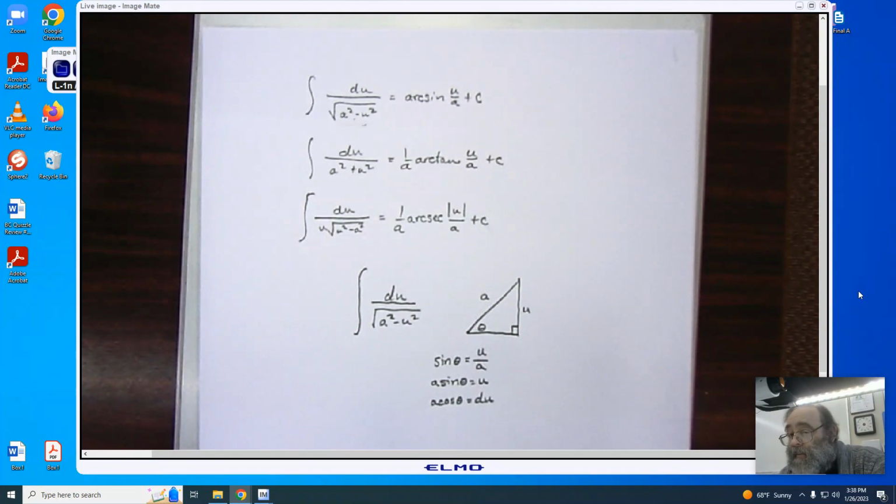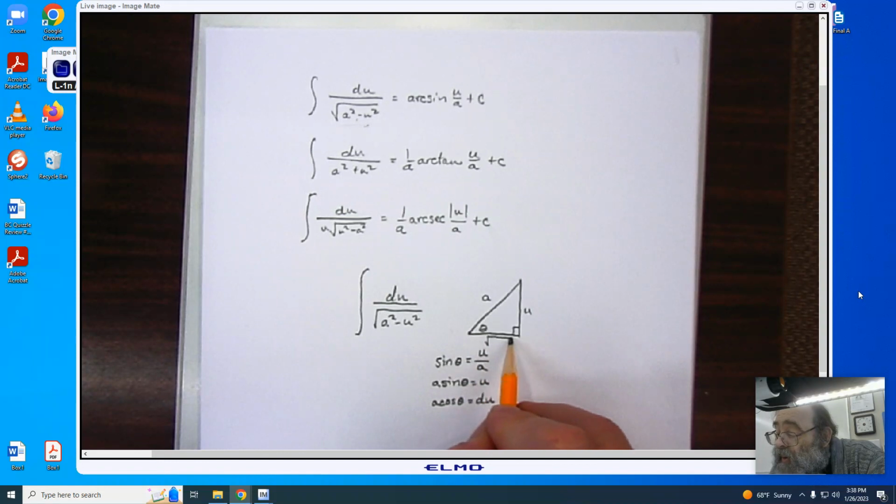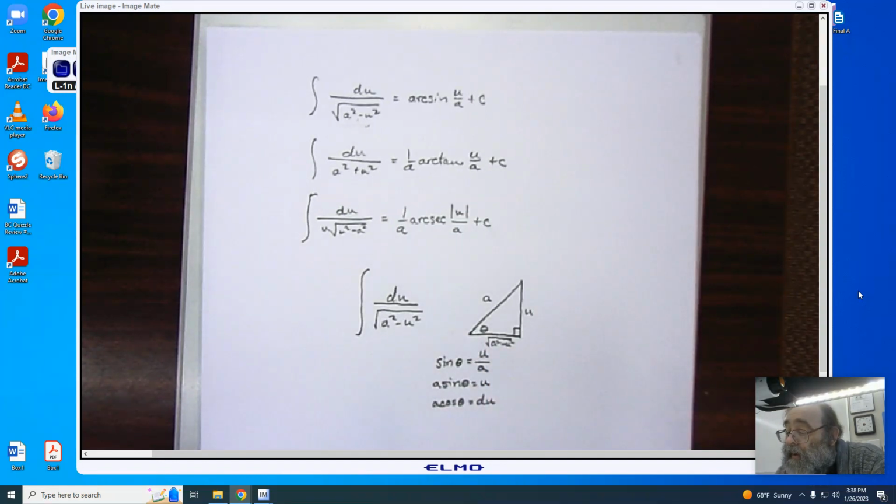Here's the issue. If we look at this, I have a missing side, and I need to find what that side is. Well, that side is the square root of a squared minus u squared. And you'll notice that's what we have in our denominator. So by setting up a quick ratio of sine or cosine or tangent, I should be able to see something that I can work with.